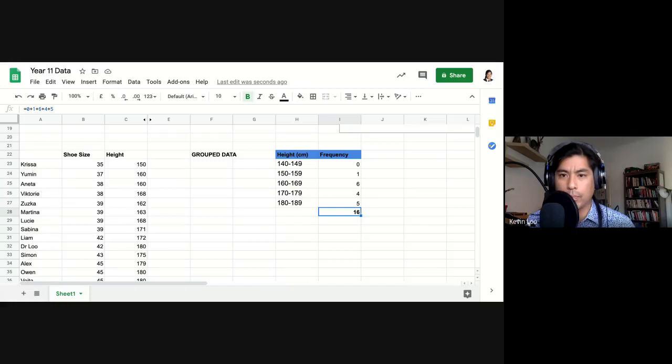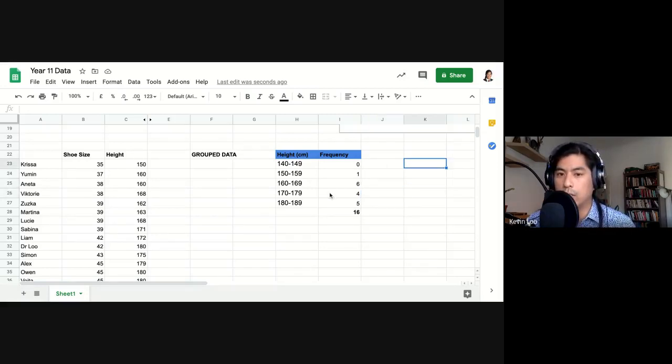Okay. Now, when we have grouped data, it gets a little harder to find things like the mean and the median. The mode is easy. What does mode mean again, guys? Most often, good. The highest frequency.